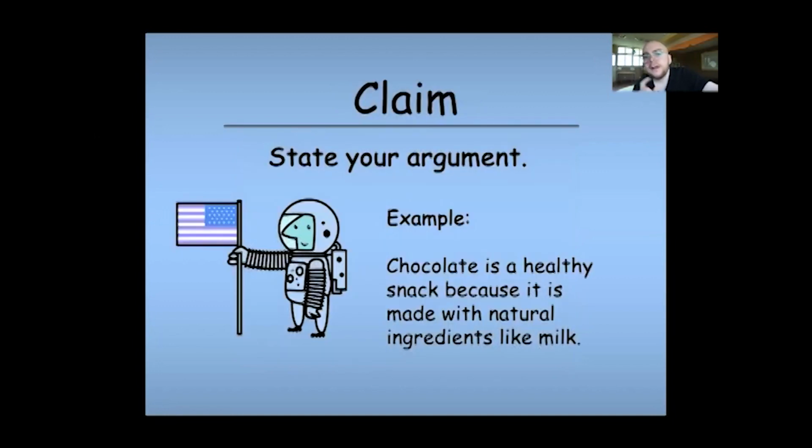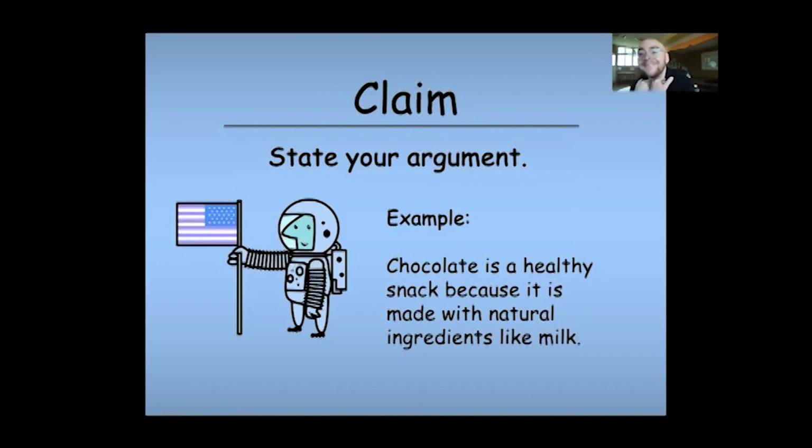So the first one is claim, okay? When you're trying to persuade, you have to do these things, right? So claim, listen and repeat, claim. Claim is to state your argument, right? What are you trying to persuade the person of? I should be hired for this job.